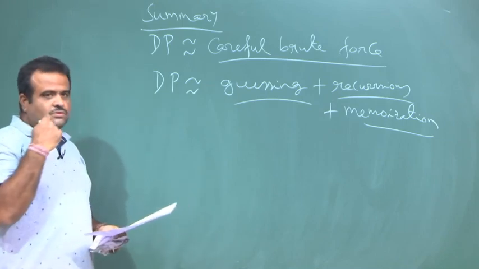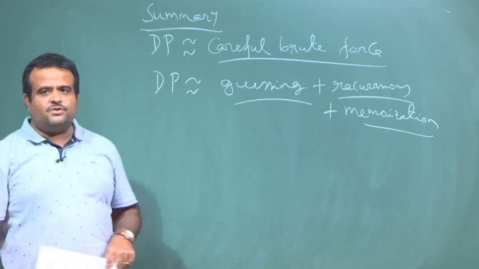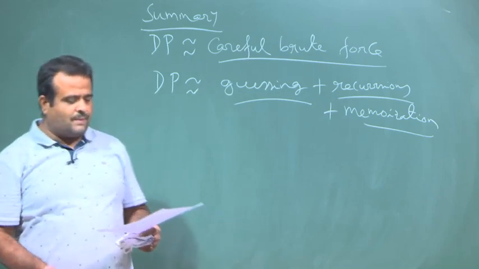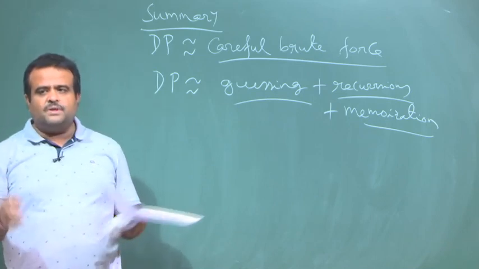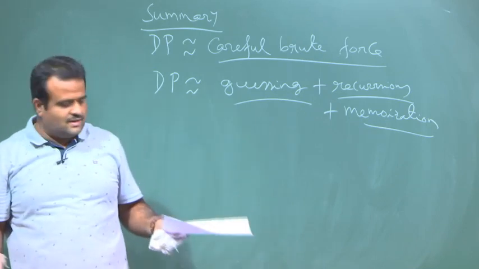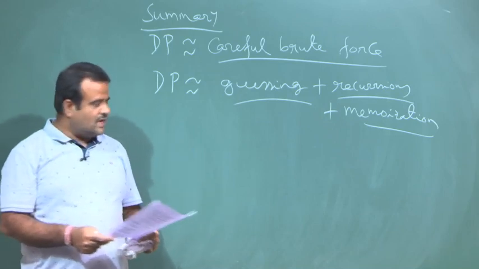The idea is to divide the problem into a reasonable number of sub problems, and once we compute the value of a sub problem we store it, memorize it, and then reuse it.